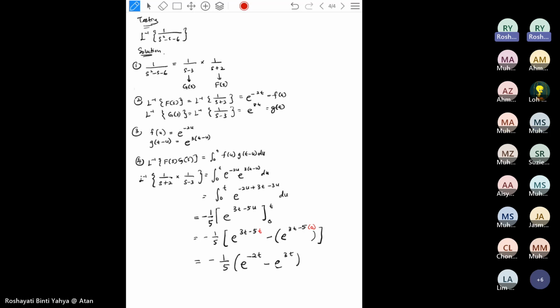Dapat. Dapat kan? So 1 over 5 exponential 3t minus exponential negative 2t. Okay. So you can choose any of these two as your FS, and then the other one is GS.